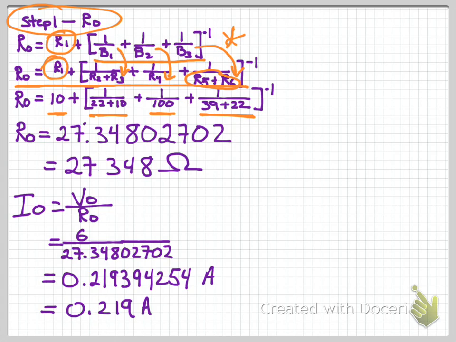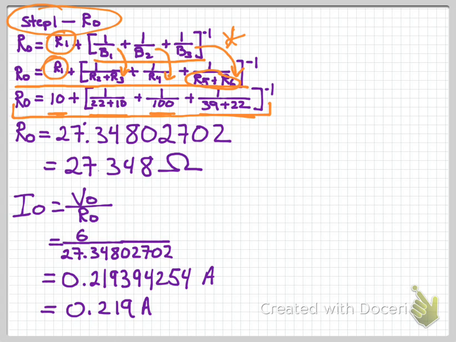Now, to calculate this and to calculate any complex circuit, to simplify, you want to break it down into the equation I have written here, and you want to learn how to use your calculator to plug in this information. So you want to type in 10, and then you're going to add, and then you're going to put a bracket, and then you're going to do the fractions.